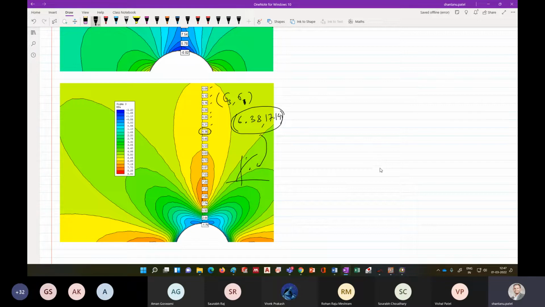You don't need to design any support system. But if the point is above, you need to provide some support system so that after excavation the point will go below this line. That is the main task when we design any underground excavation. Is this clear?